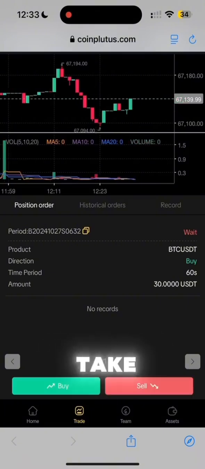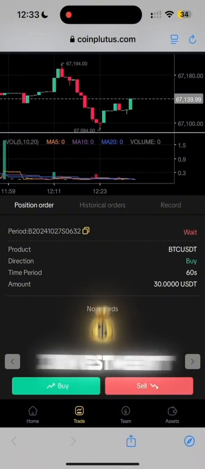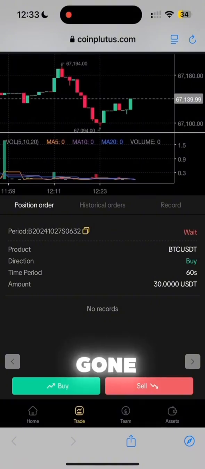All you have to do is take signals in the group. You can also trade by yourself if you wish. It is free. So if you can see over there, I wait for the period for it to reach so that I can check if my investment has gone well or has gone bad.